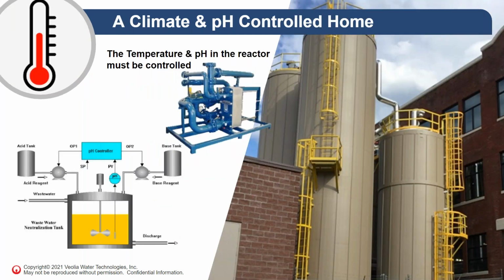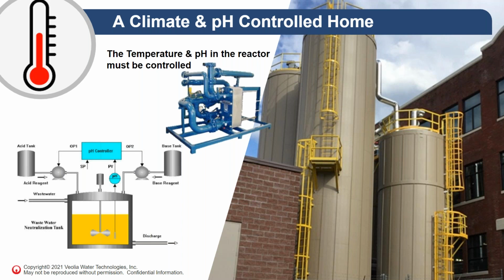And what's a climate-controlled home for these bacteria? The climate-controlled home refers to the fact that the bacteria work best in a climate where the pH and the temperature are controlled.